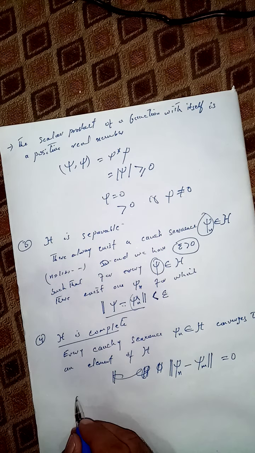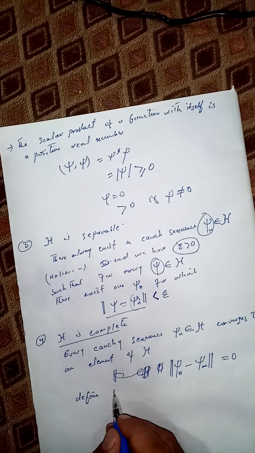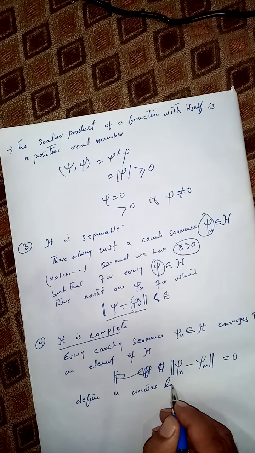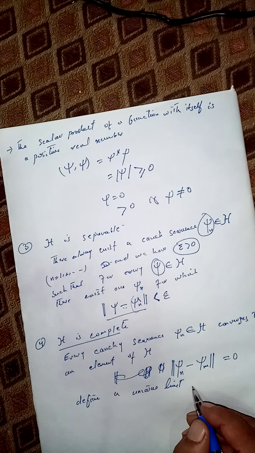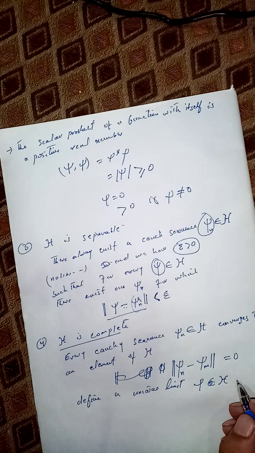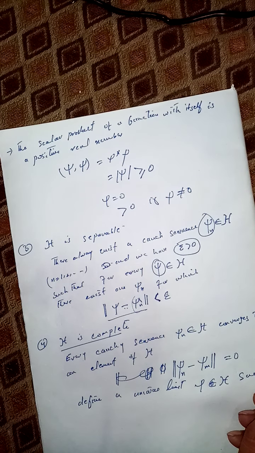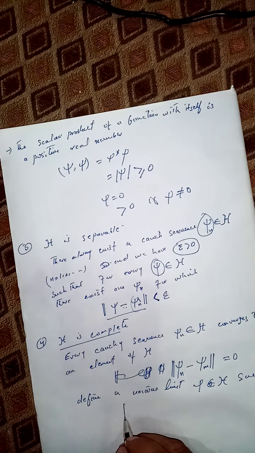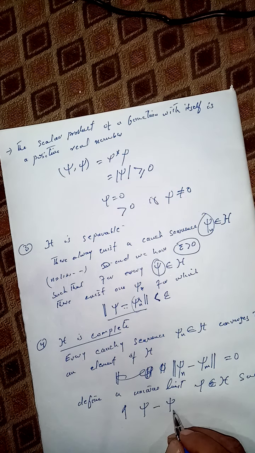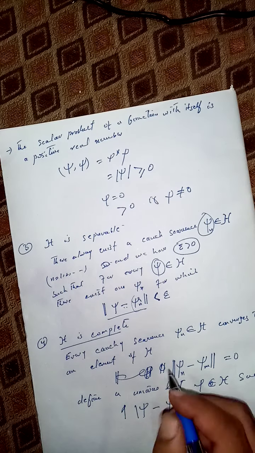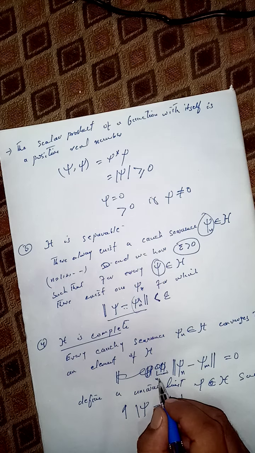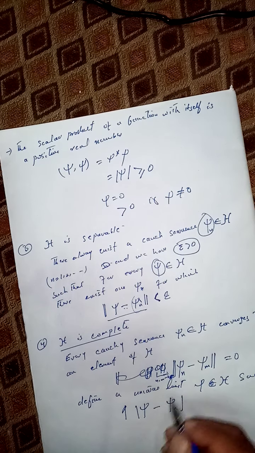This relation defines a unique limit ψ belonging to H such that if we take the difference of ψ from the Cauchy sequence ψn, but we have to apply the limit, here the limit n, m approaches infinity.